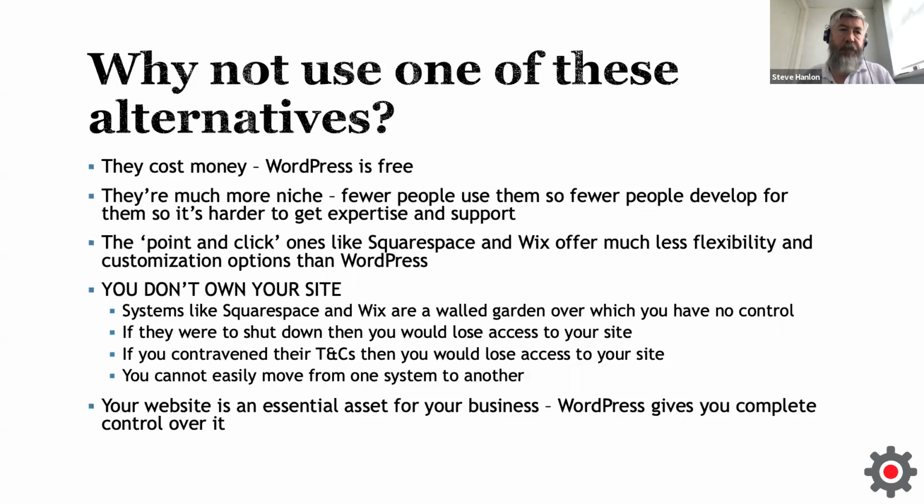Some can be more niche, so the pool of people who can help you is limited because fewer people are actually using it. When you're popping a query into Google, or looking for somebody who can help you, you'll find it's trickier to get hold of the answers or the people to do it.